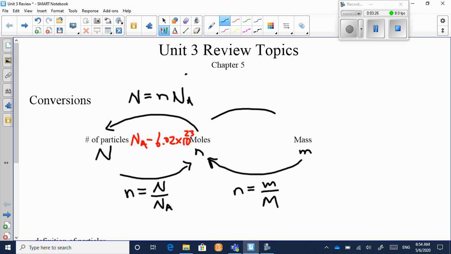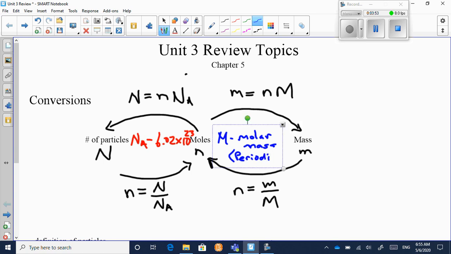We can also go the other way using this formula: the mass is equal to little n times big M. The connection here is capital M, your molar mass, which is obtained by going to the periodic table. So again, you don't have to be given it in the question. Well, I apologize, you do have to calculate it, but you can always get it by going to the periodic table.